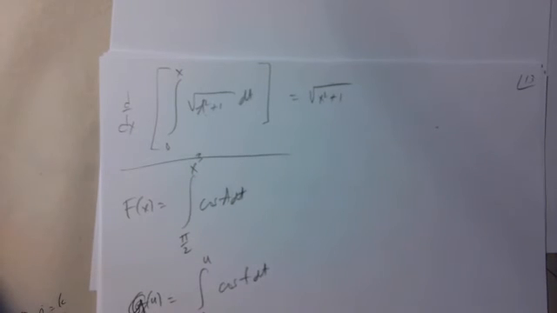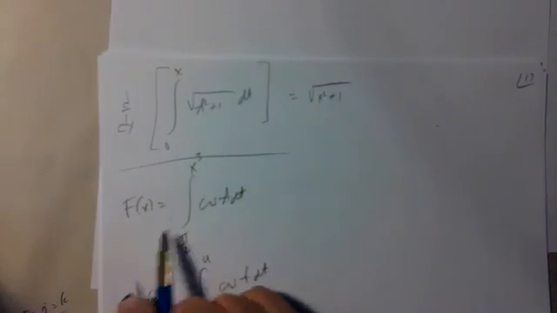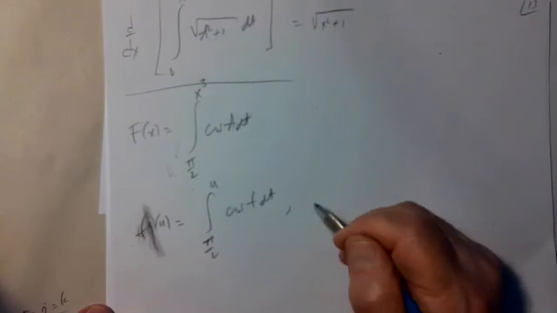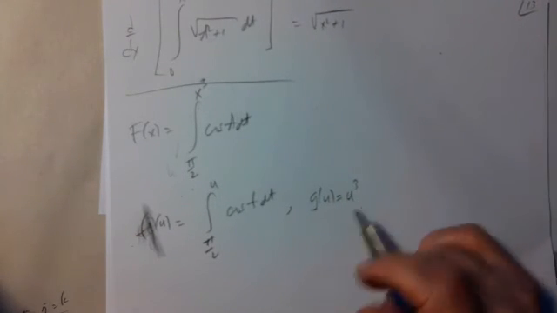I'll call it little f. And suppose we let g of u be u cubed.